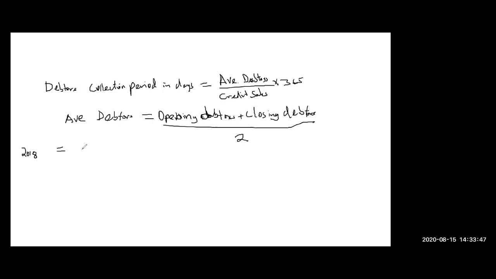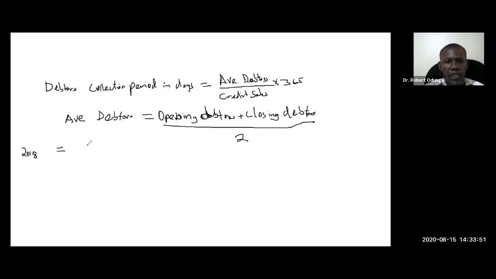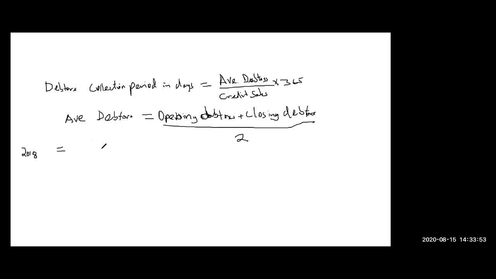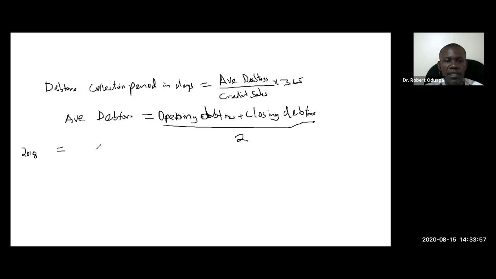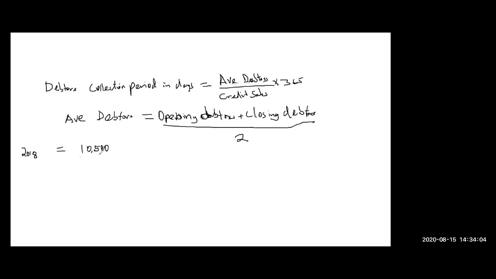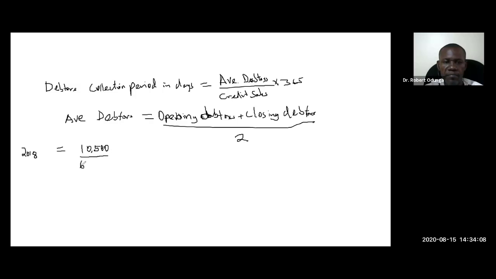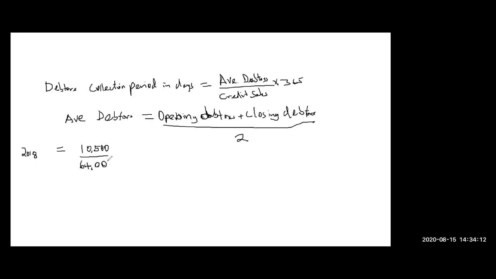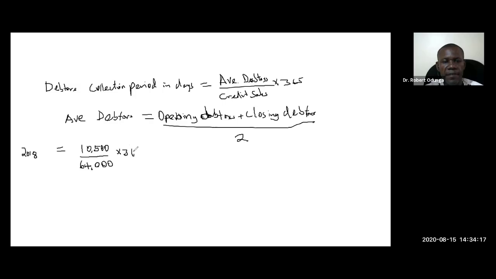So going back to our workings, for 2018, our debtors collection period in days would be average debtors, which is 10,500, over sales. Our sales figure was 64,000, times 365 days.